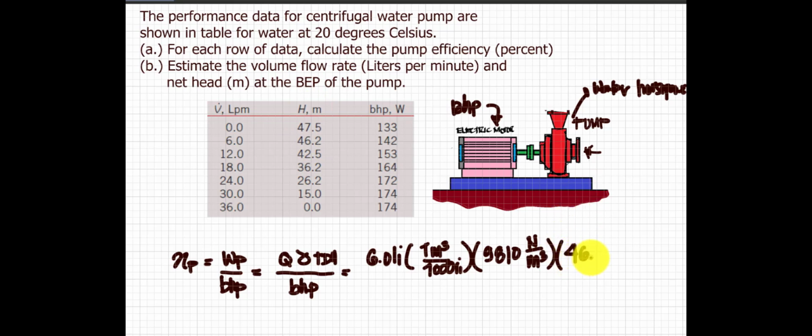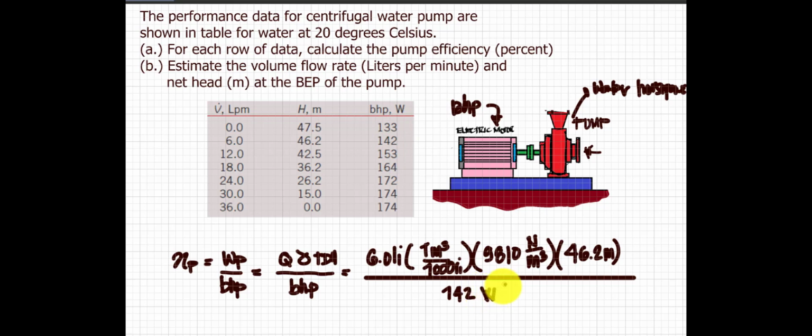So you simply use 46.2 meters. Okay. Then we shall divide it by our brake horsepower, which is 142. We have 142, and this is in terms of the unit of watts.